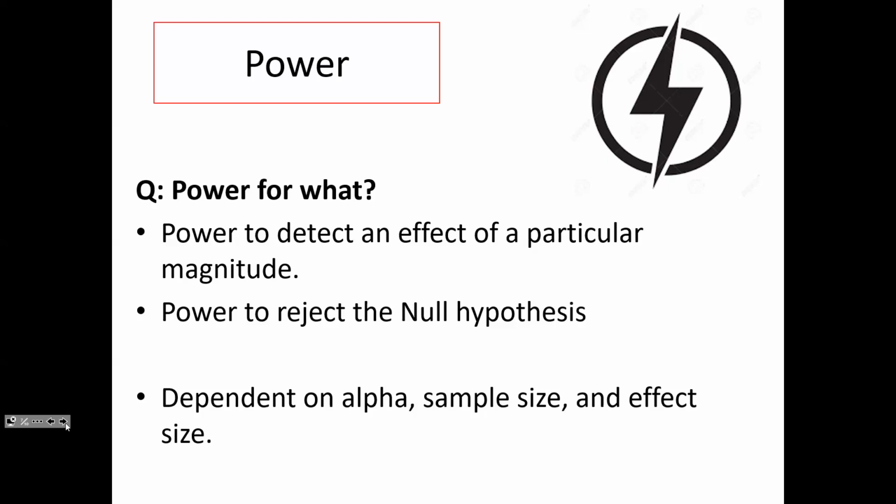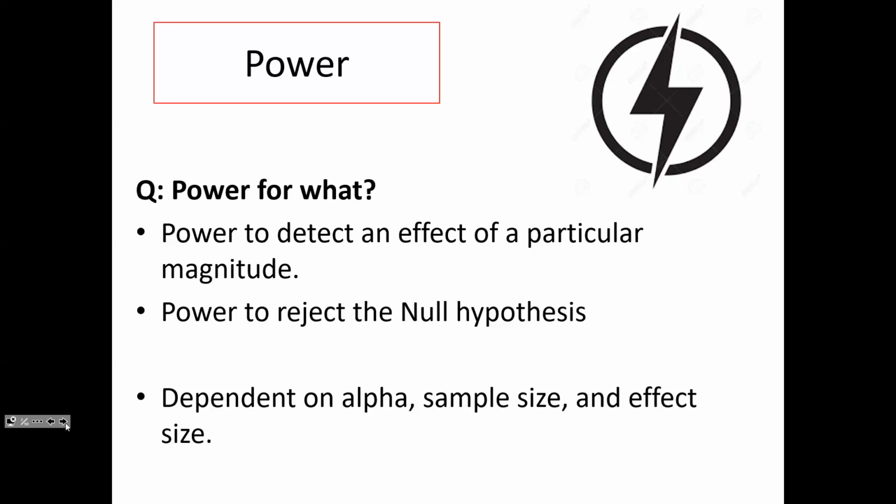And so obviously, you could imagine, if you have an effect that's not zero, but it's really, really close to zero, it's going to be much harder to reject the null hypothesis that it's zero than if you have an effect that is enormous and very different from zero.